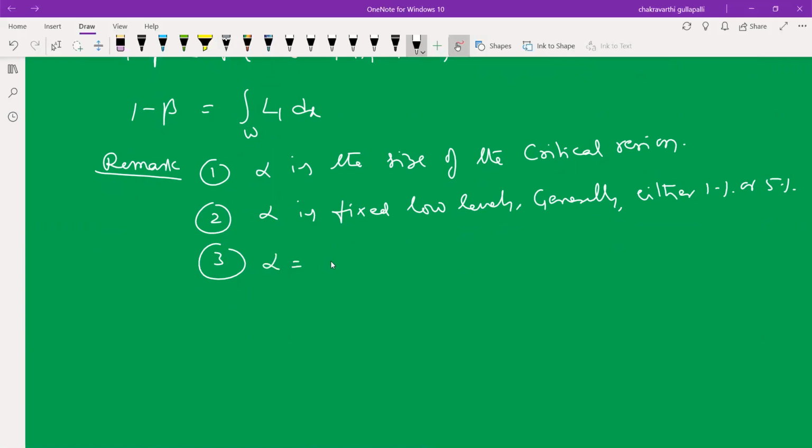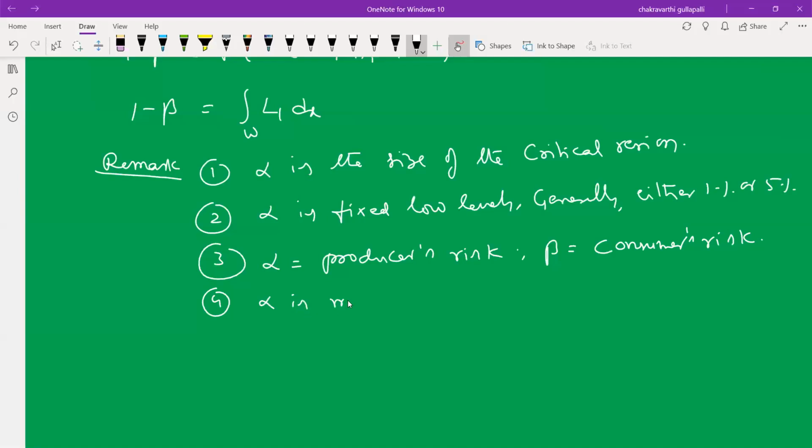Alpha is the producer's risk. Beta is the consumer's risk.